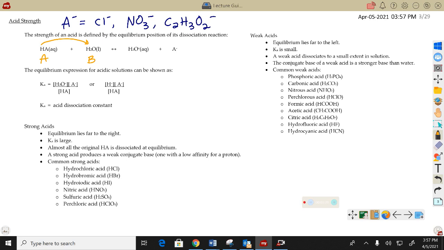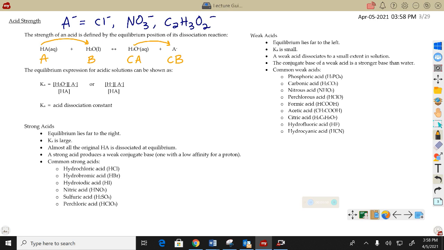Now, if this thing were to go in reverse, then we ask what those ions have to do to shift backwards. Well, now H3O plus, sorry, buddy, you'd have to give your hydrogen back to A minus. So the hydrogen donor on the product side would be called the conjugate acid, and the conjugate base is always the negative ion on the product side, because a base is something that can react with hydrogen.